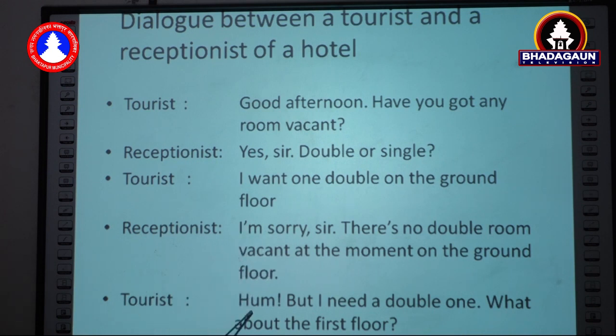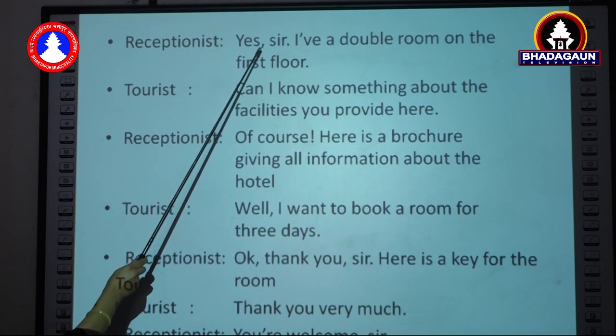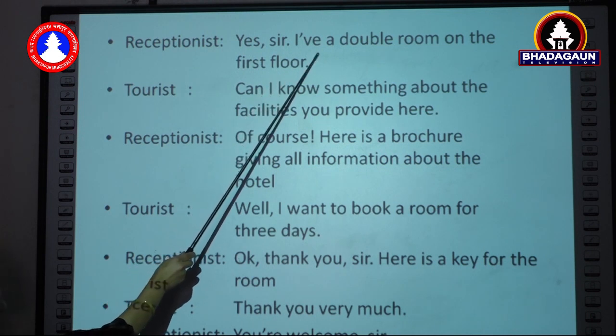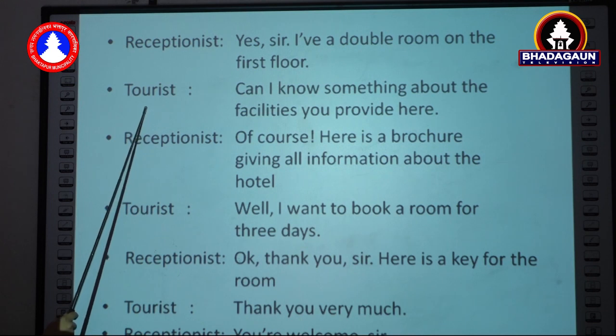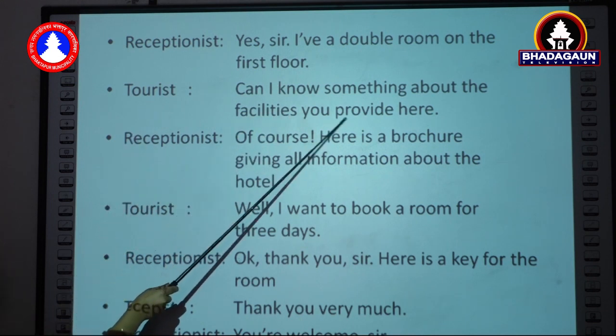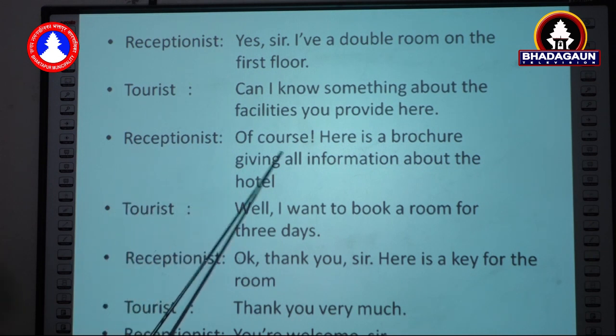So this sounds very formal and polite also. And tourist says, but I need a double one. What about the first floor? So another option they are talking about. And receptionist says, yes sir, I have a double room on the first floor. The tourist says, can I know something about the facilities you provide here? Receptionist says, of course.